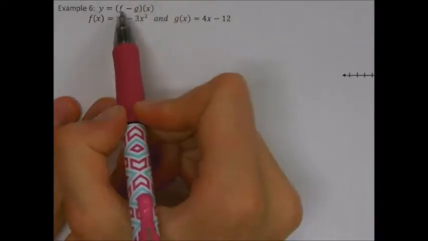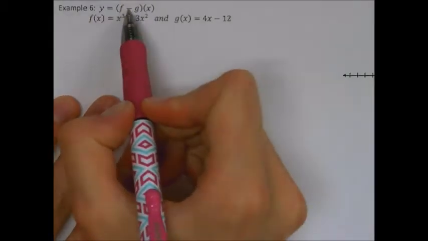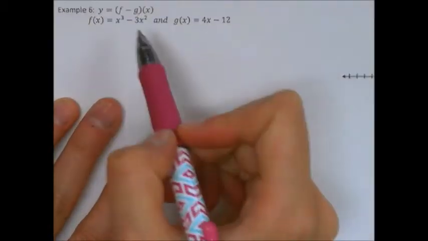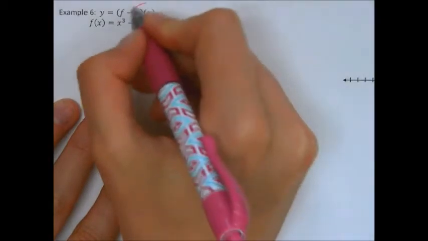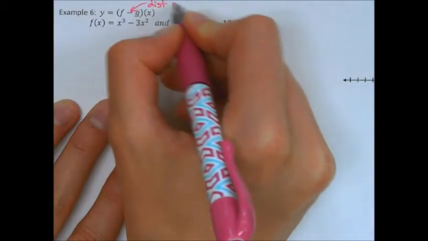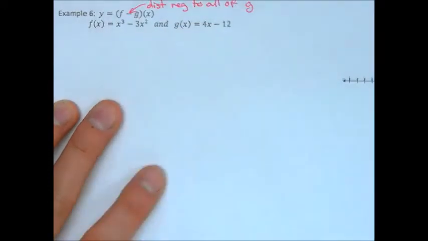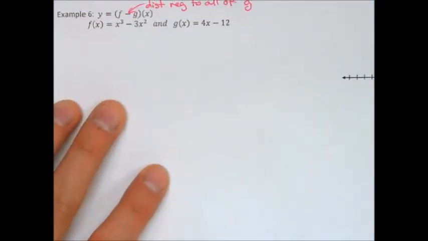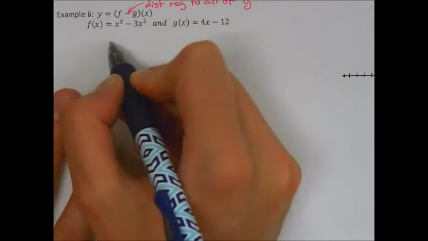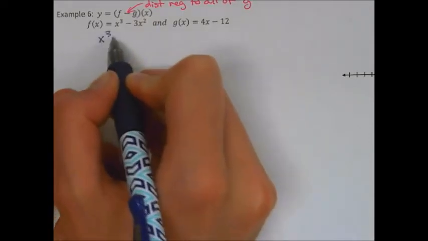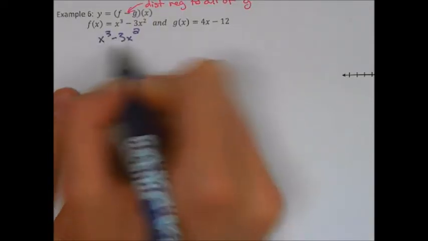For this example, we have f minus g. Now, whenever we have this, we need to make sure to distribute the negative to all of g. So, for f minus g, we're going to have x to the third minus 3x squared. That's my f.